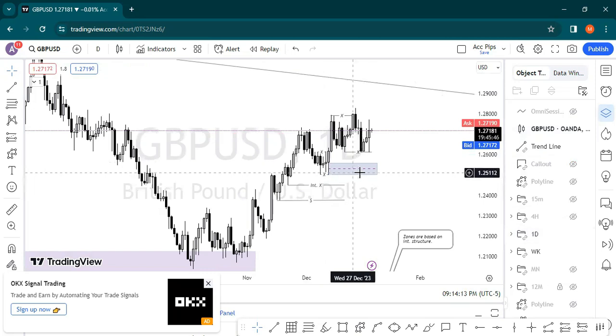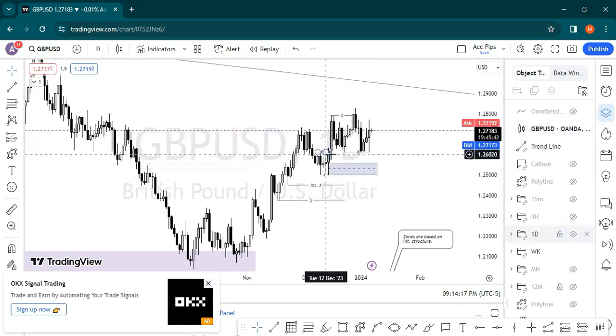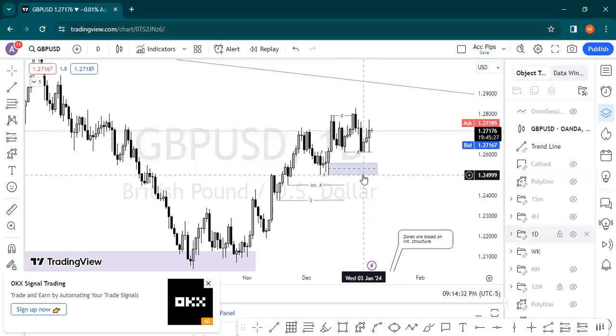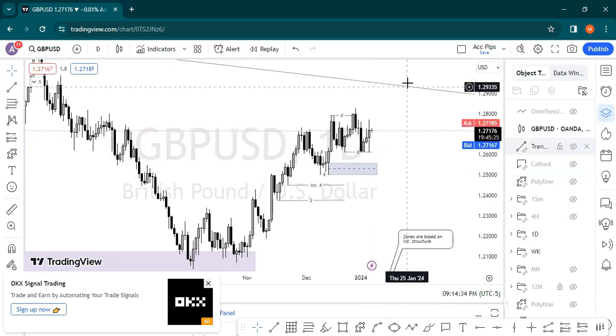There is a hidden zone here, all right, which was formed by this single candle order block. And we have equal lows here, which is giving us liquidity. So I'm expecting price to take out this liquidity, tap into this zone over here, and then we push up.